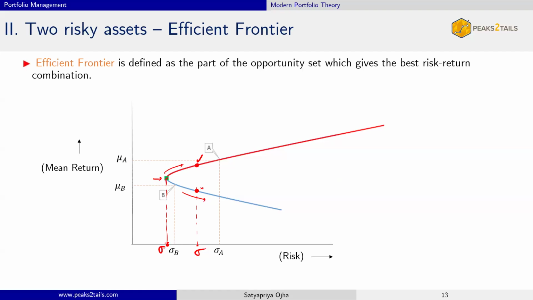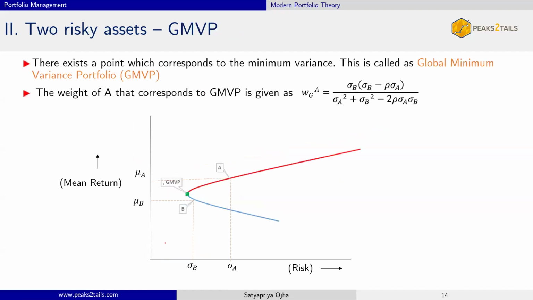This is called GMVP, Global Minimum Variance Portfolio. Okay, and that's the beginning of the efficiency, right? For that minimum variance, there is only one portfolio possible. You cannot have any other portfolio. It's just one portfolio which has that minimum variance, and that is the beginning of the efficient frontier, and then you go upwards like this.